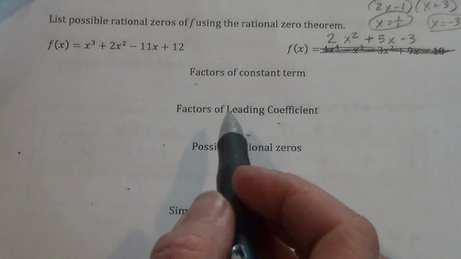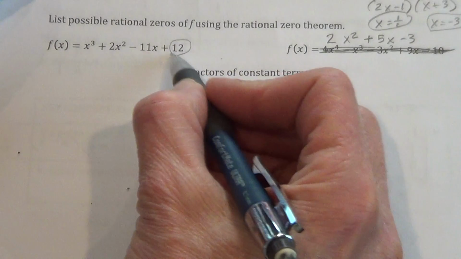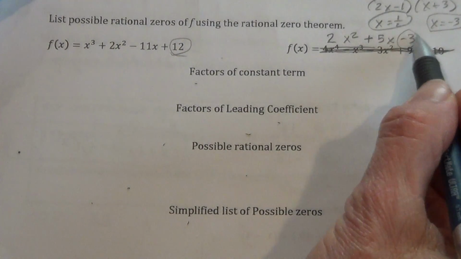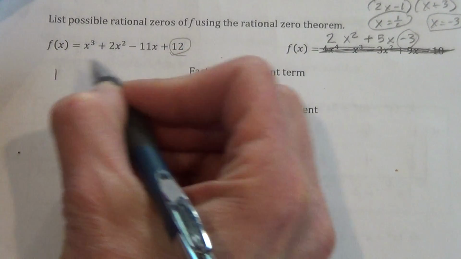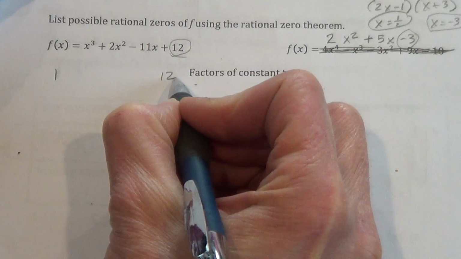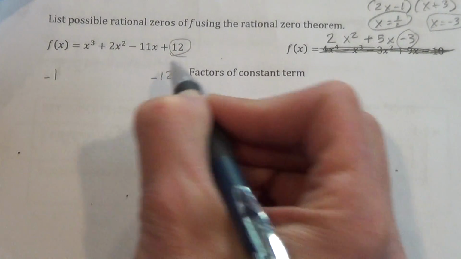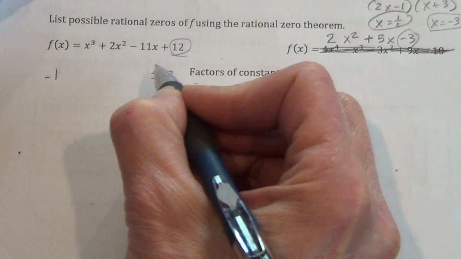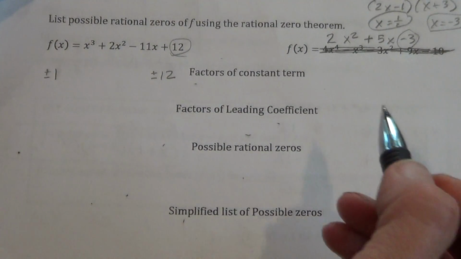So we take the factors of the constant term. Well, the constant term here is 12. Here is negative 3. So for 12, we have 1 and 12. It could be negative 1 and negative 12. So we make sure and we show it as the possible positive and negative.